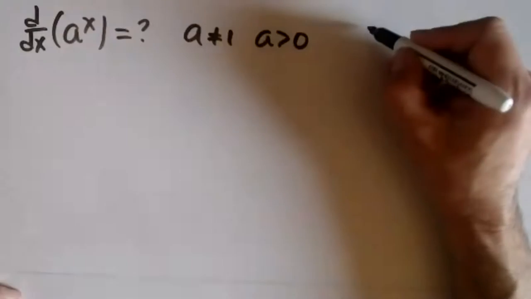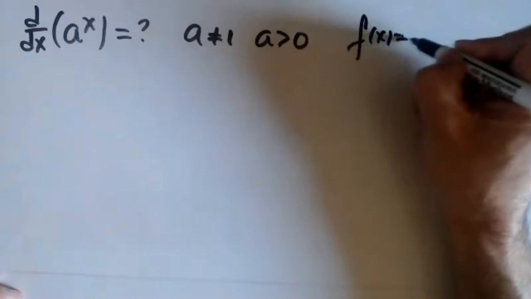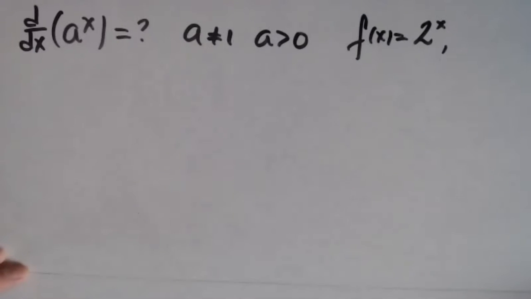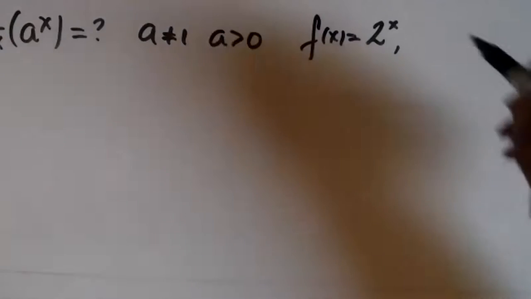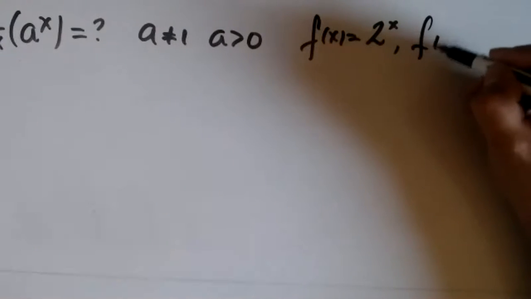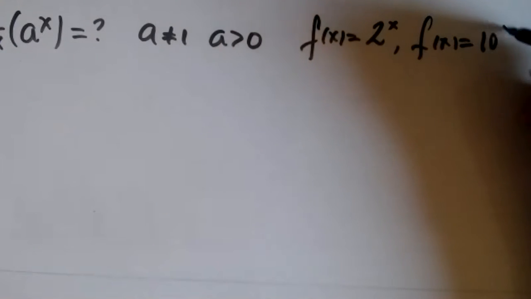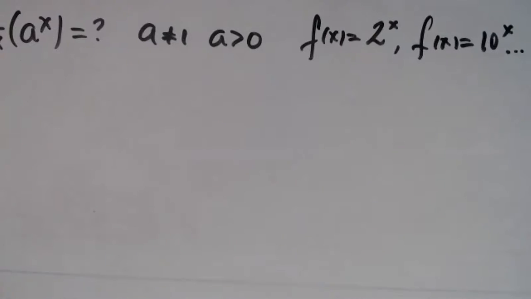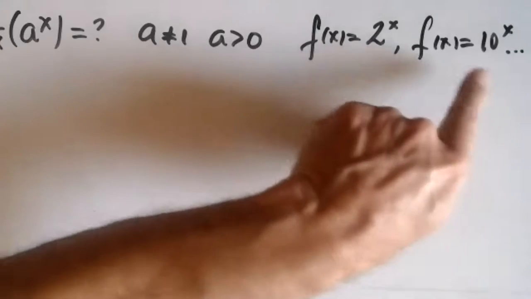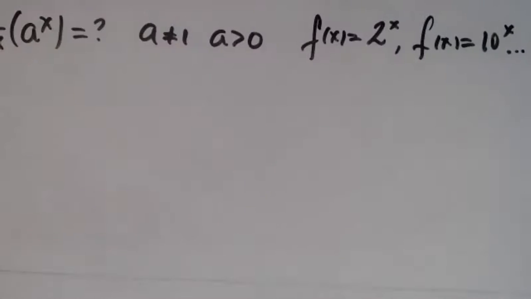We can have, for instance, f of x equals 2 to the x, or f of x equals 10 to the x, and so on. So any exponential function with base different than e.